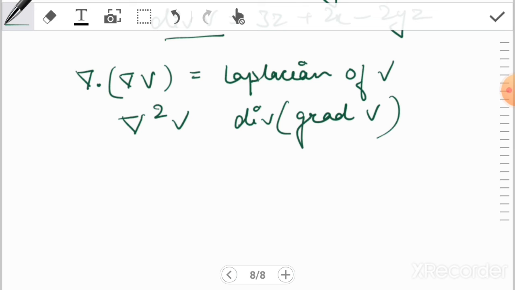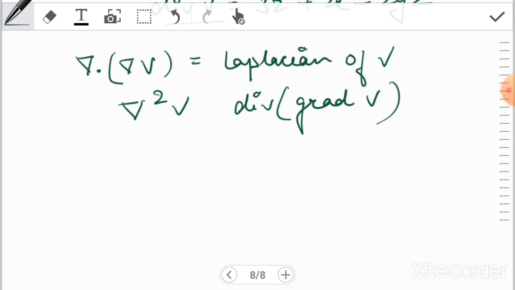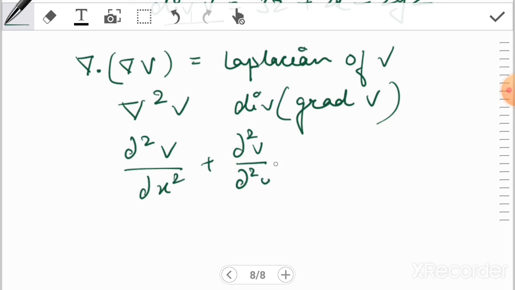So it is del square v by del x square plus del square v by del y square plus del square v by del z square. This is the Laplacian of v.